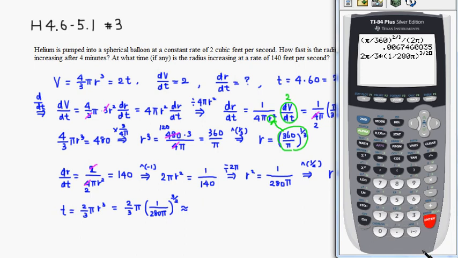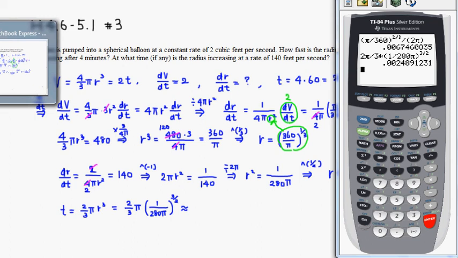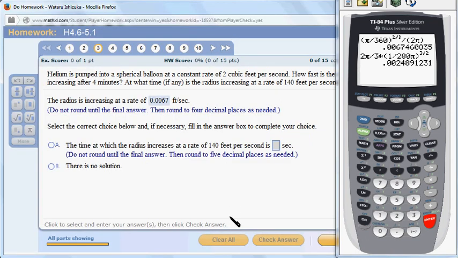Then hit enter, right? So we got this value. So let's type this in. Right, so it came out to be 0.00249, right? So let's check the answer.